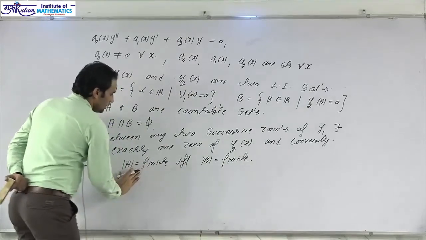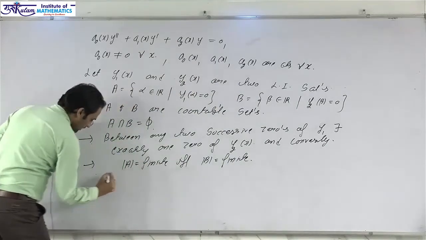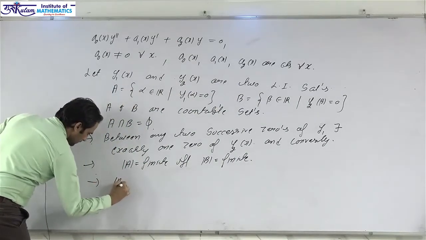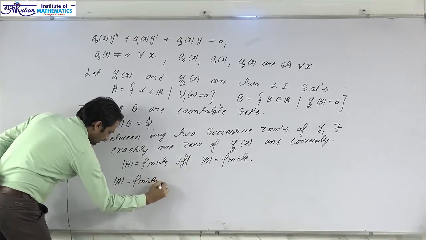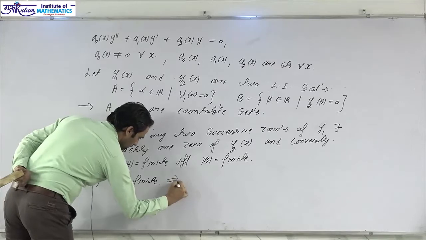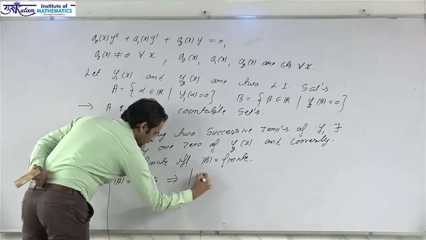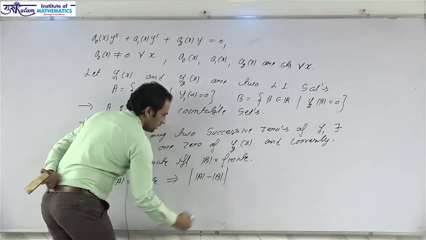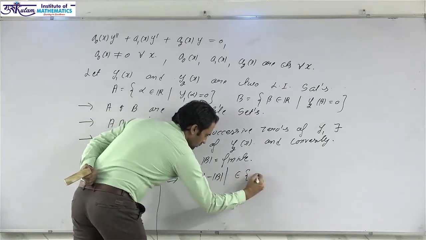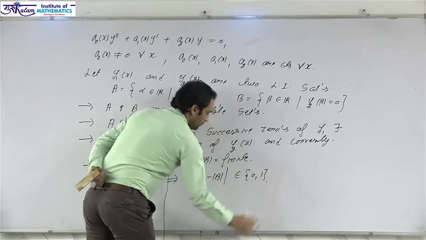And further, if the cardinality of A is finite, then this always implies that the difference between the cardinality of A and the cardinality of B belongs to 0 and 1.